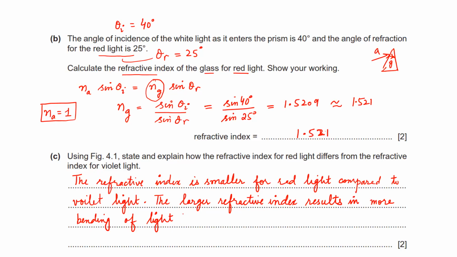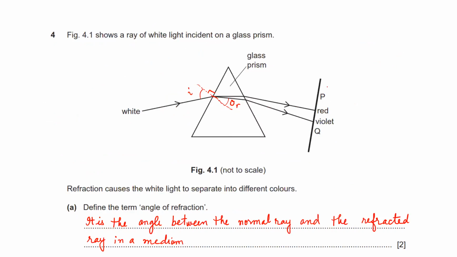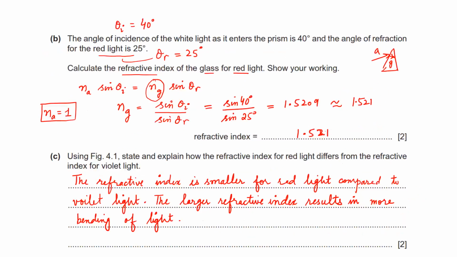And we have seen from the figure that the violet light is having more bending compared to the red light, and that is what we can say from here.